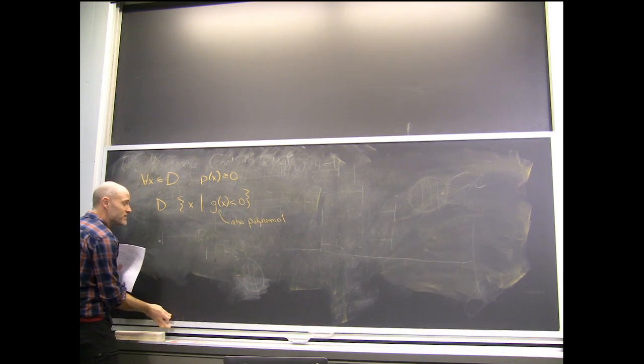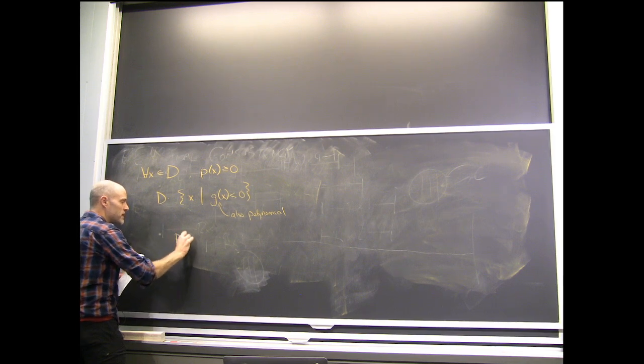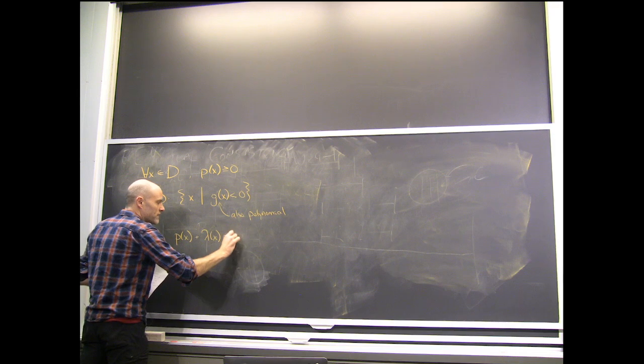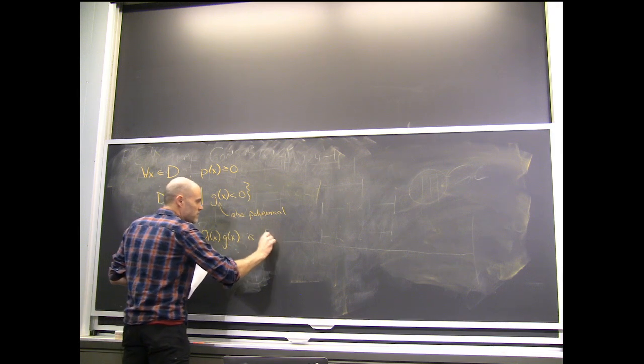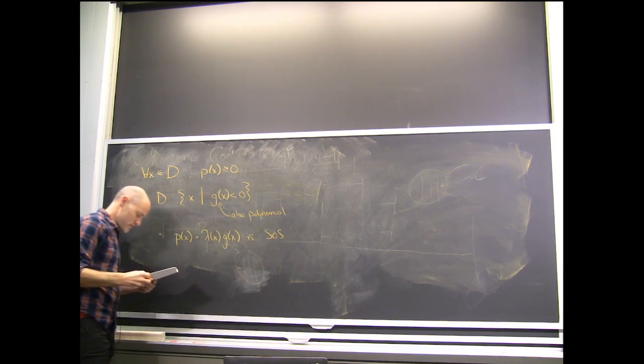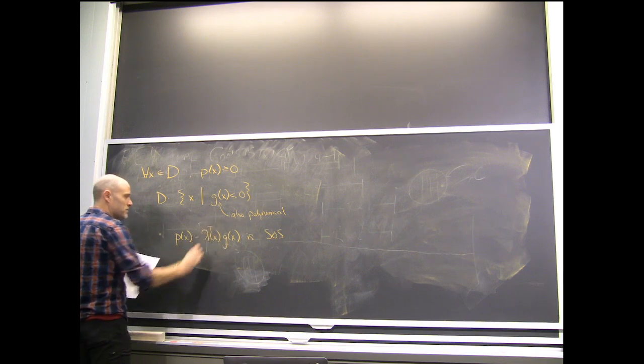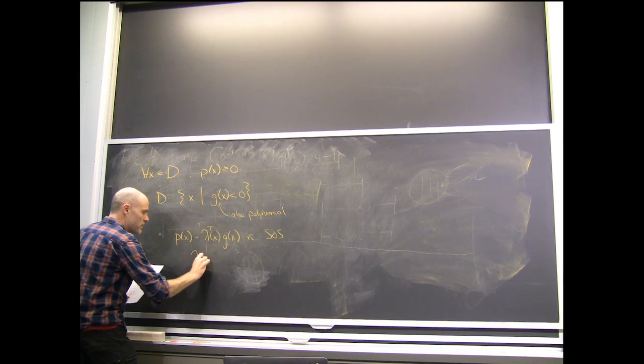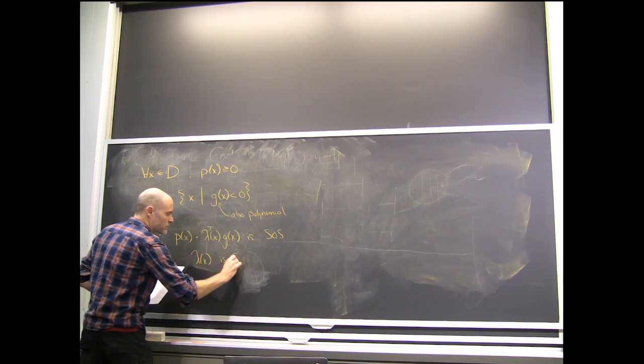My claim is that if you can ask this question, p of x plus lambda x g of x is sums of squares. This is potentially a matrix. And lambda x is sums of squares.